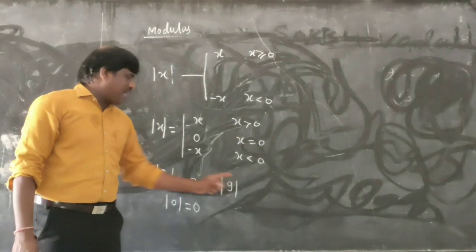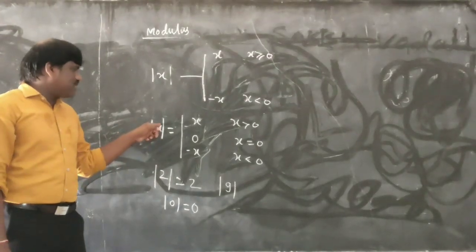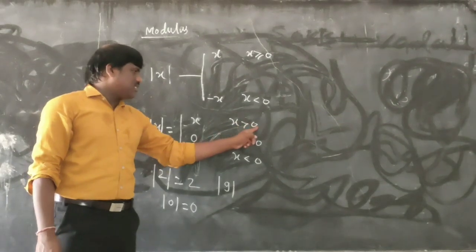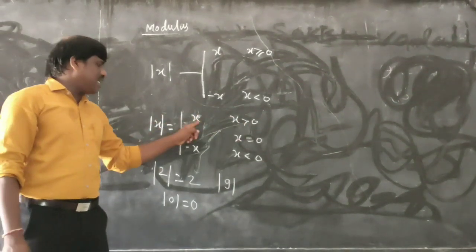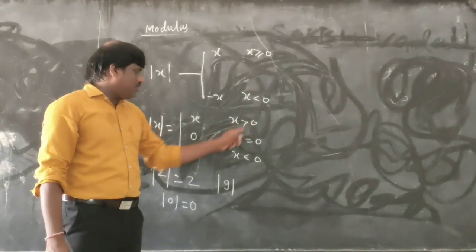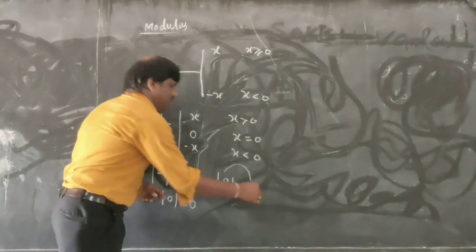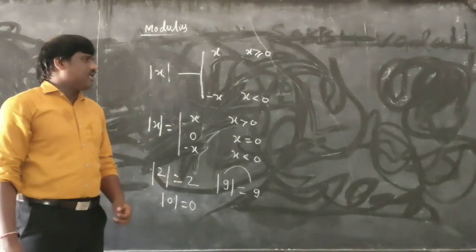So mod 9 value will be, according to this rule, if x is greater than 0, then we get x. 9 is greater than 0, so the output will be positive 9. So the answer is 9.